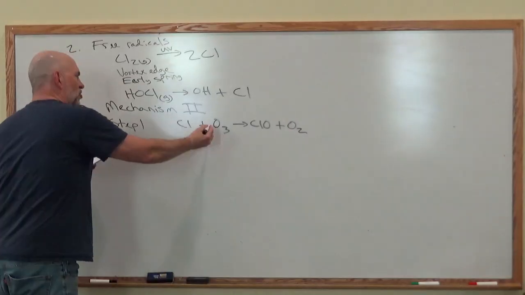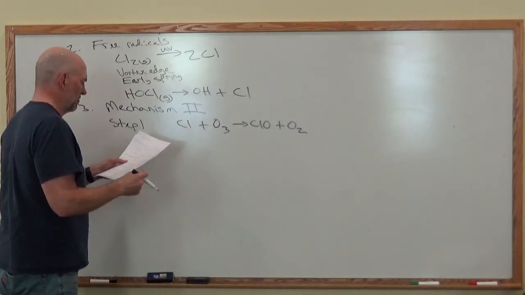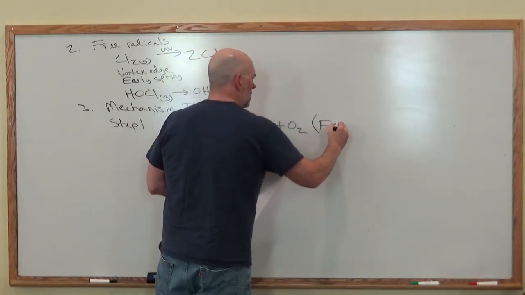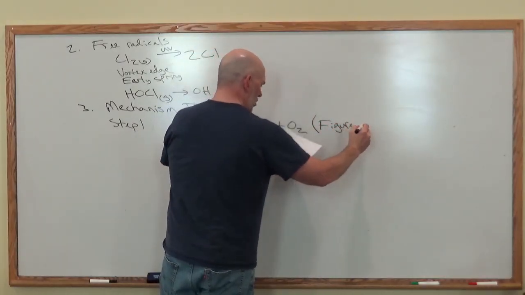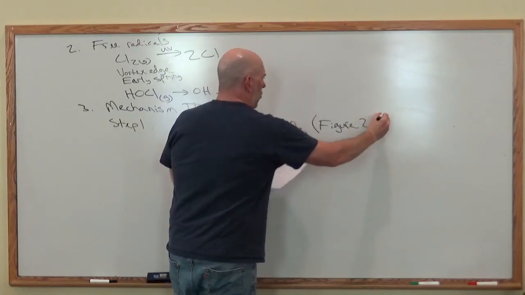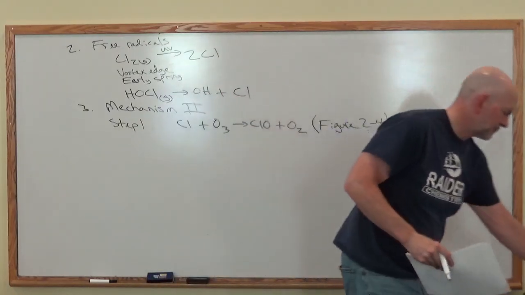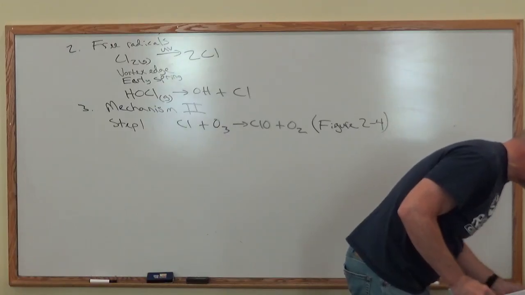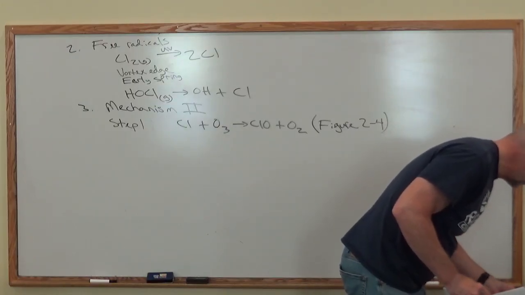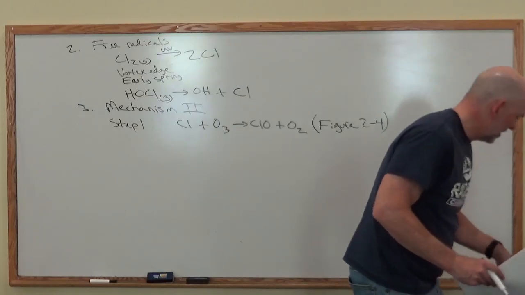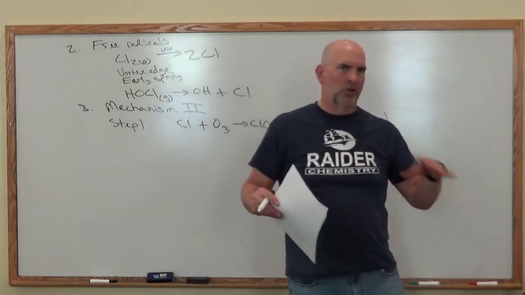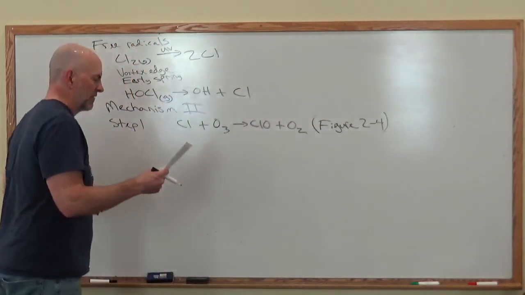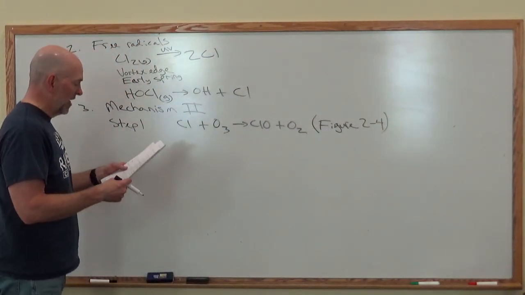Okay, so the free radical extracts some oxygen from ozone, and figure 2-4 in your book lends a little bit of insight into that. The figure 2.4 shows the concentrations of some of these at different locations. So you can look at that figure yourself. I'm not going to try to redraw that here.